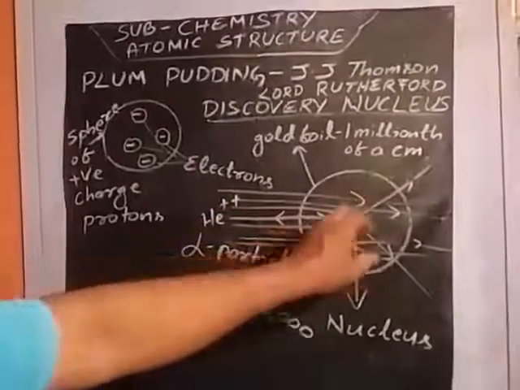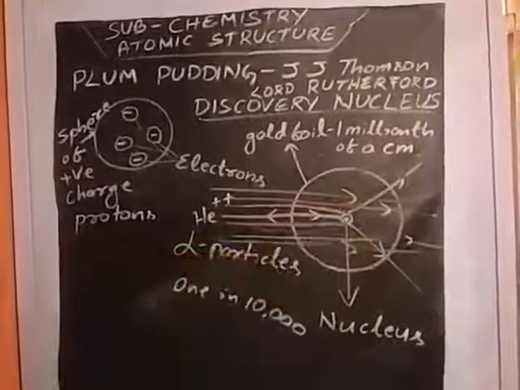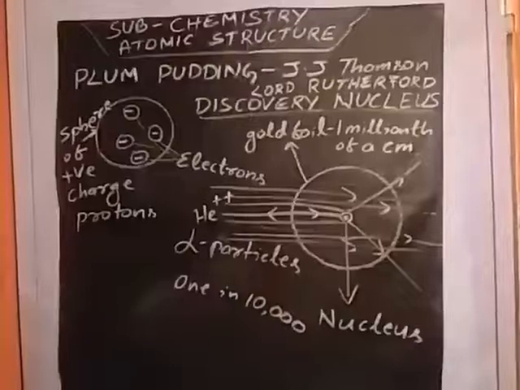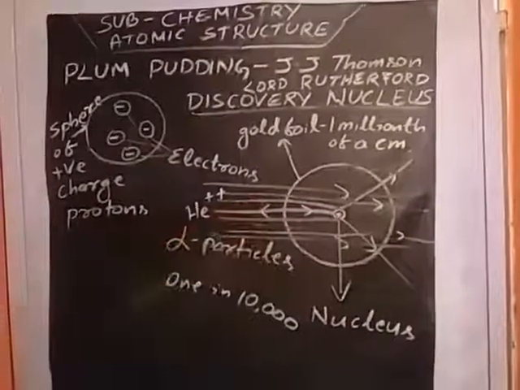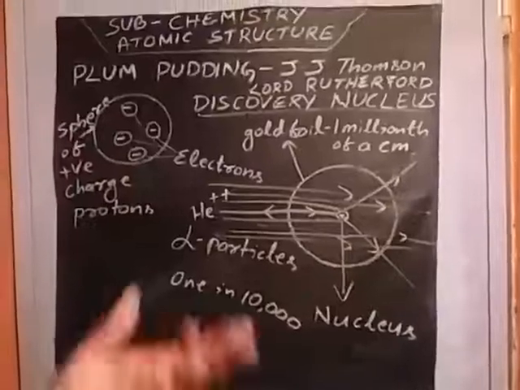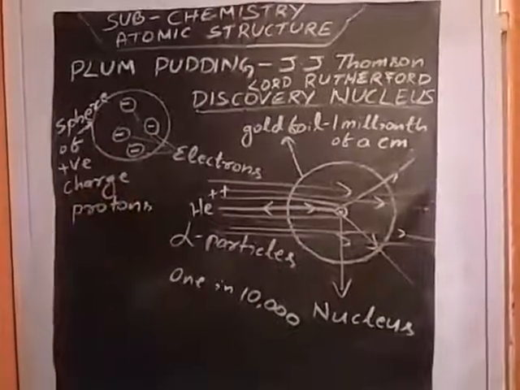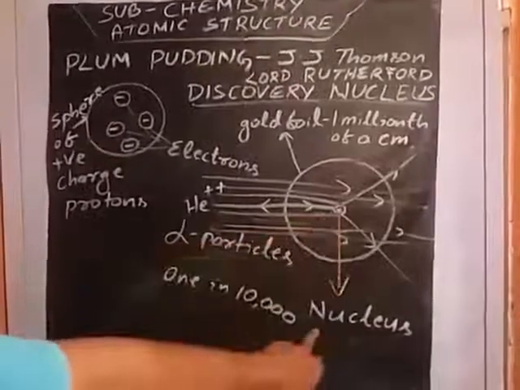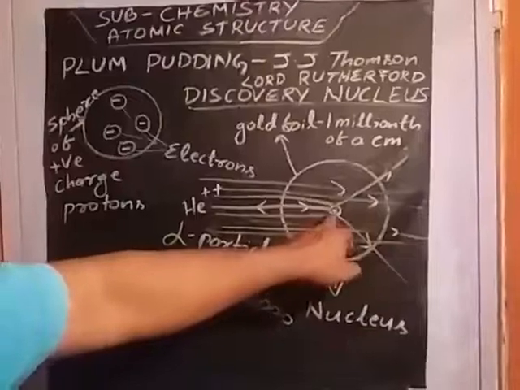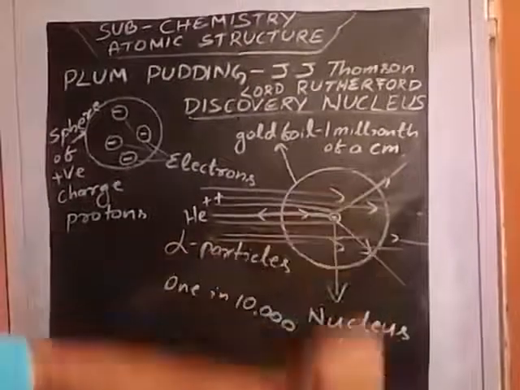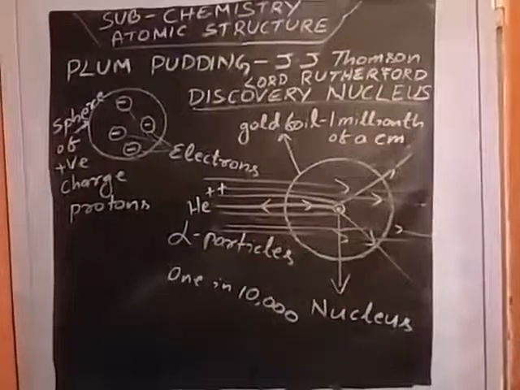So at the center, a very few, 1 in 10,000, meet a denser, very localized, concentrated part that rebounds them by its positive charge. That is known as the nucleus, present in the center of the atom, which is denser.